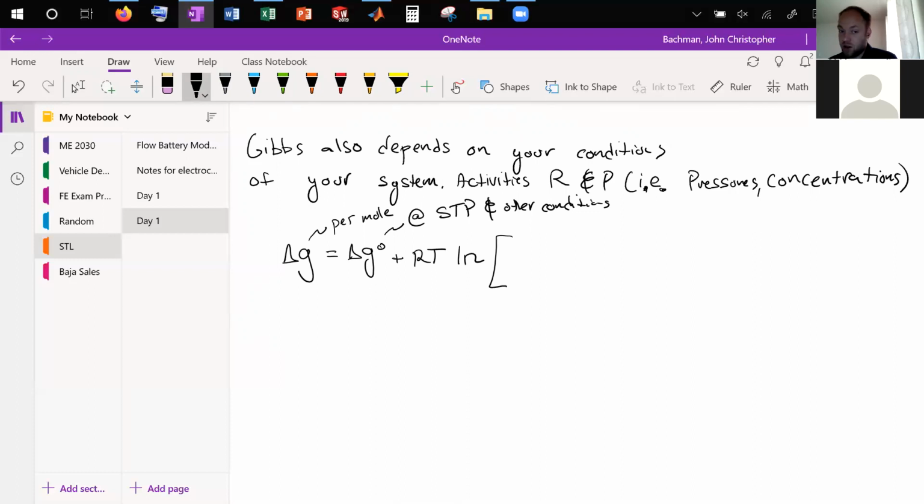what we're going to have here is a term that helps capture some of the changes in the entropic terms for these different conditions for activities. Since we're going to look at a lot of systems where you have dissolved active species, we're going to look at concentration. So you have concentrations of your products divided by some standard concentration. This will be to the power of the coefficient.